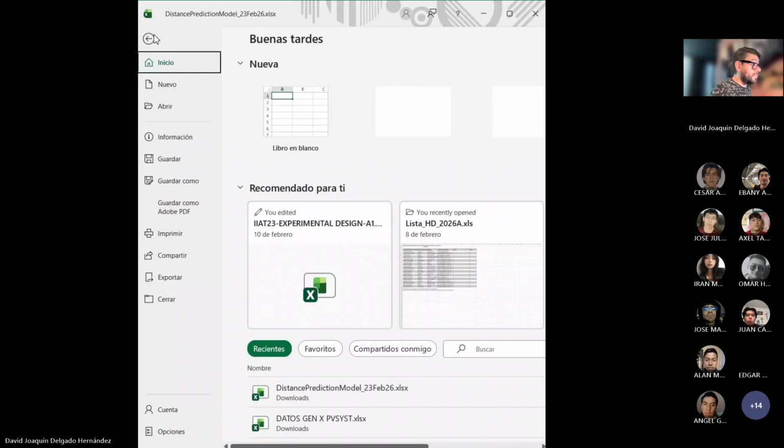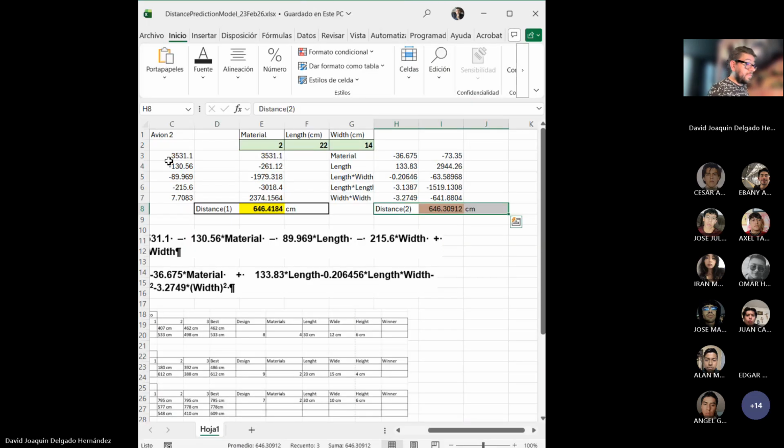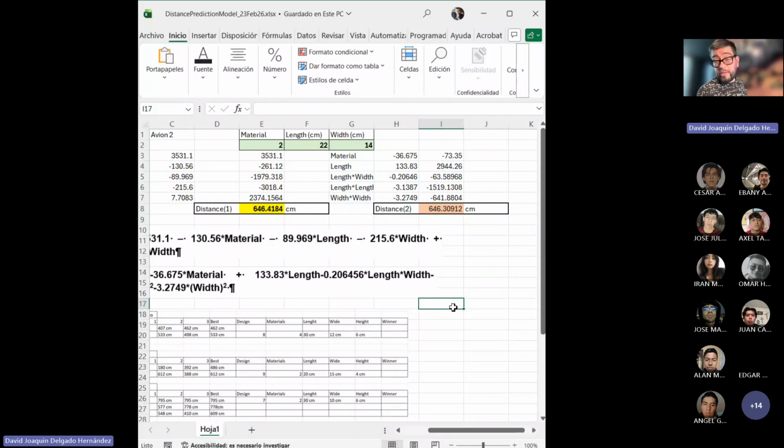Perfect. Okay, so let us compare the two models, the linear model on the one hand and the quadratic model on the other hand.